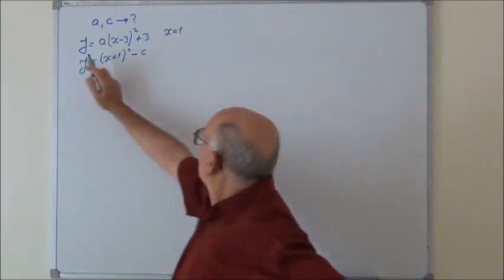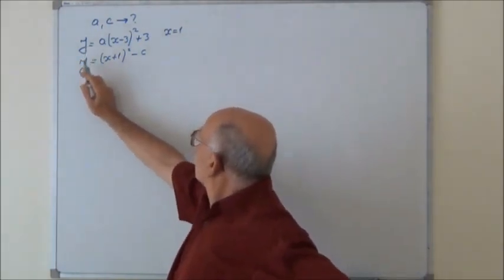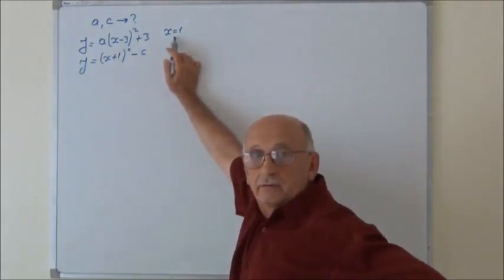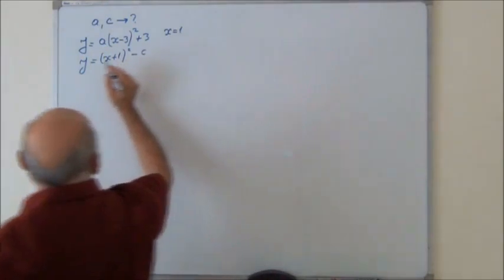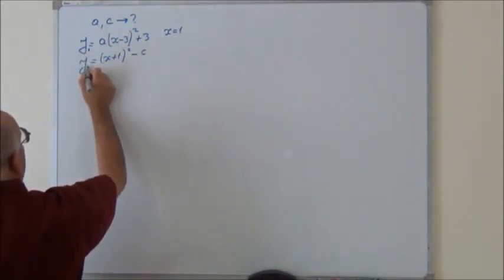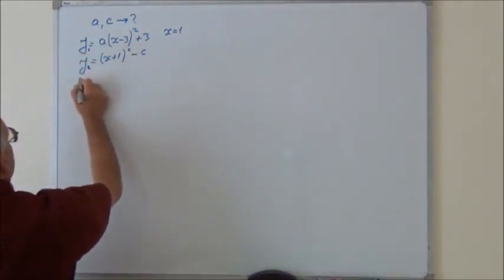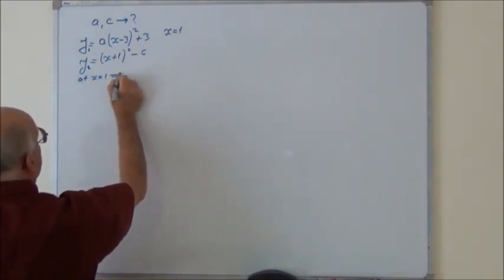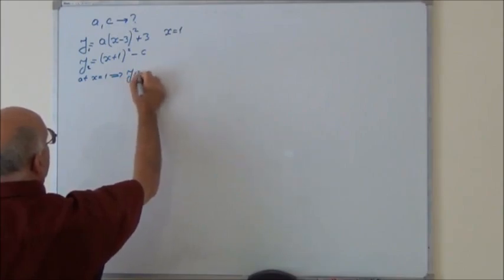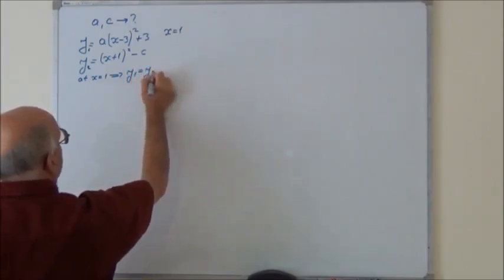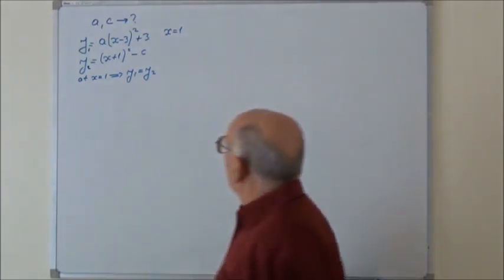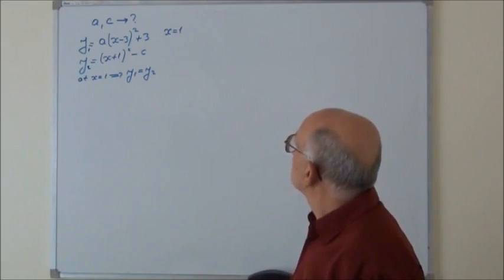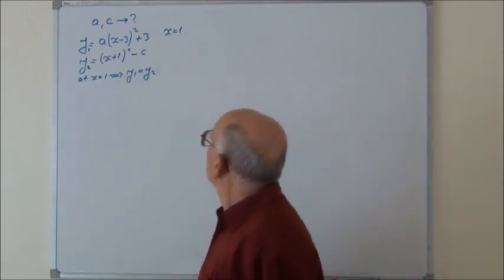So the value of y for both curves is the same at x equal 1. If we mark them by y1 and y2, then at x equal 1 we have y1 equal y2. So that could be our first equation, equalizing those two curves.